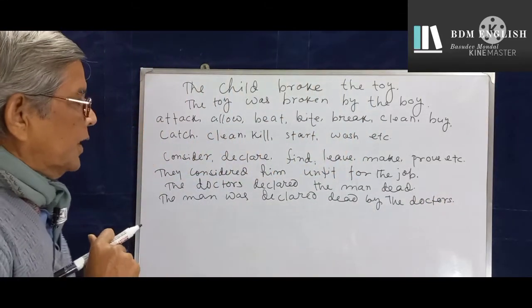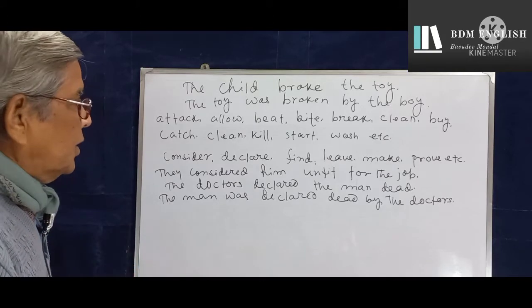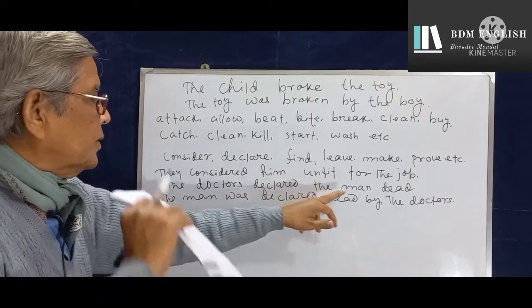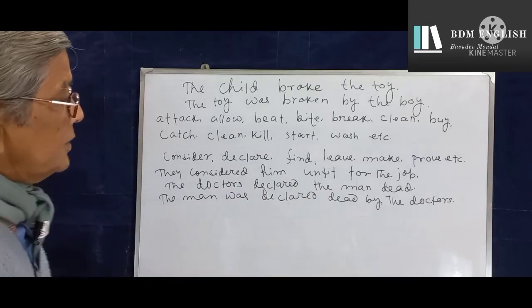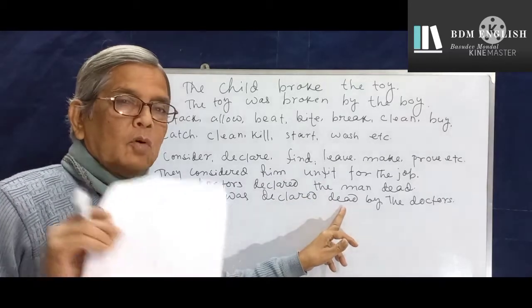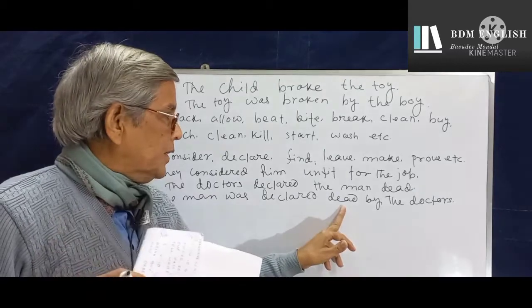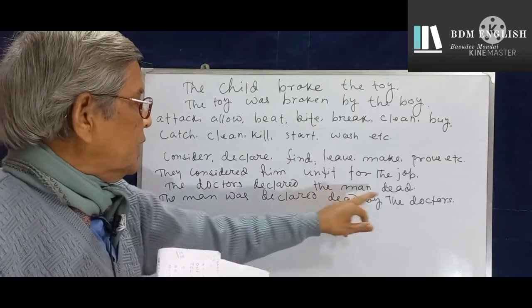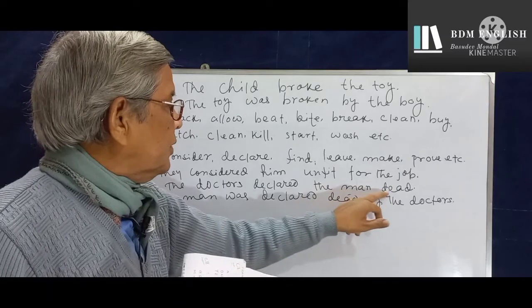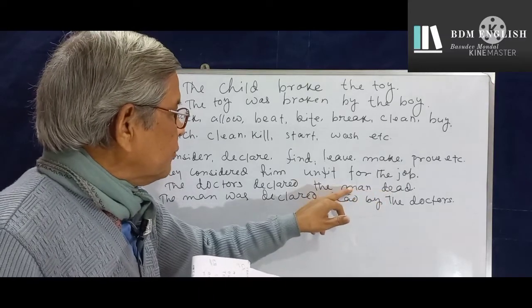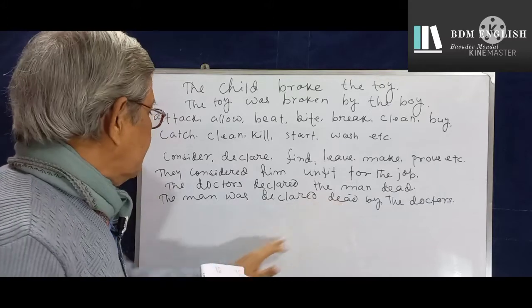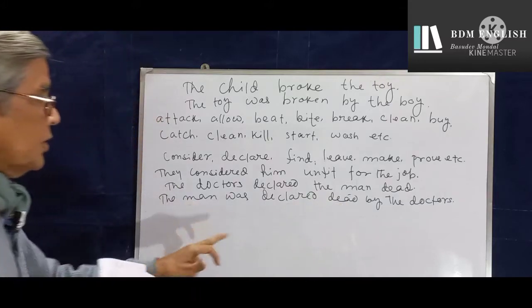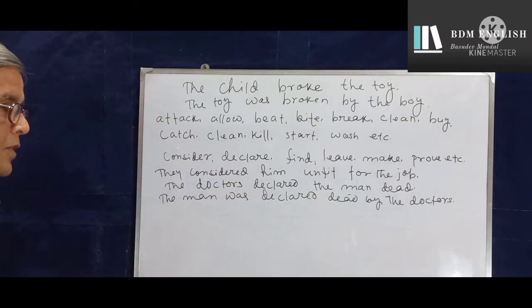The man was declared dead by the doctors. Now the original object, the man, is here the subject of the sentence in the passive voice, but the complement is always a part of the predicate. In the active voice sentence, it is an object complement because it describes the object, but in the passive voice sentence, the complement describes the subject because now the original object has become the subject of the sentence.